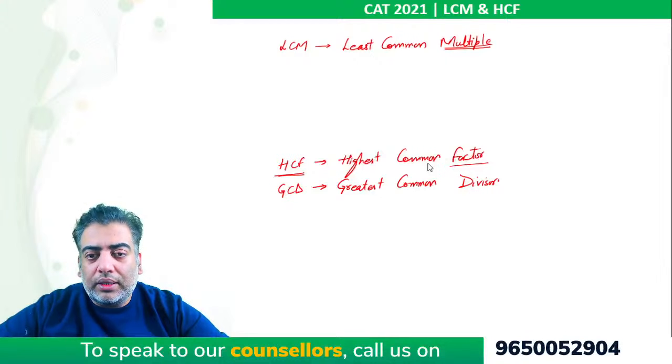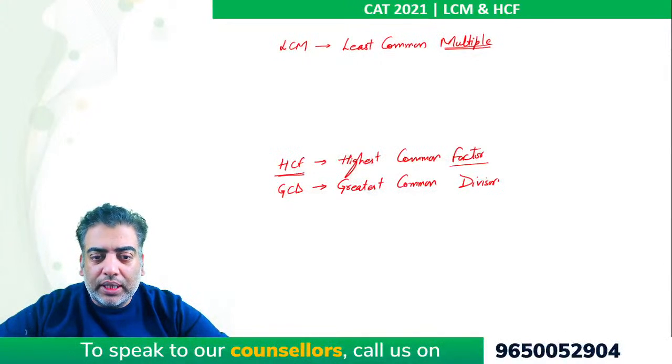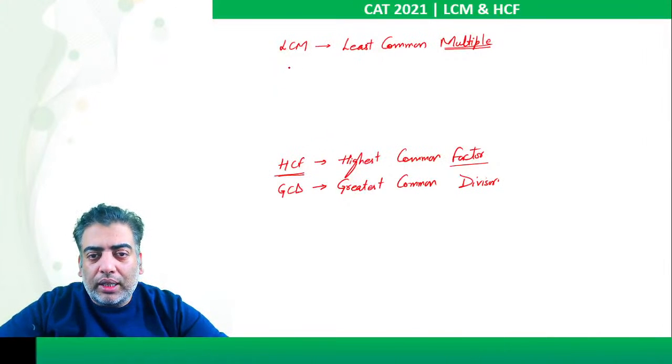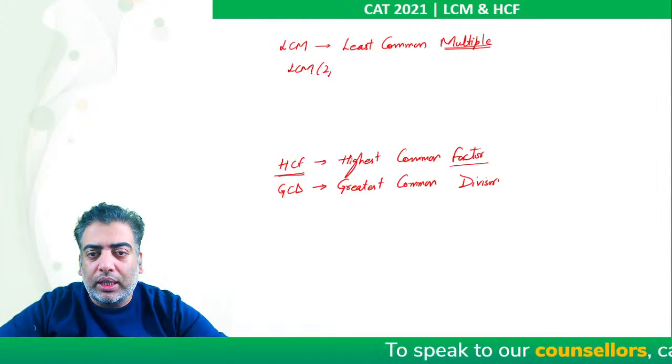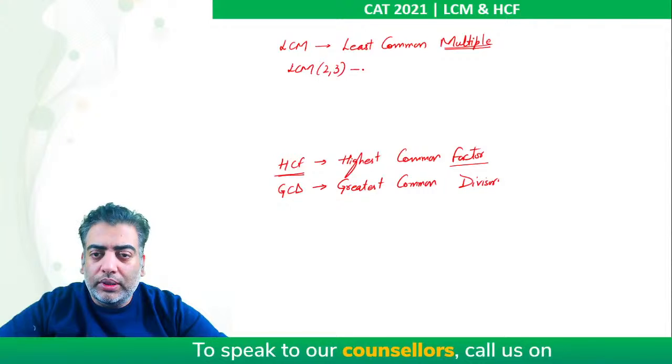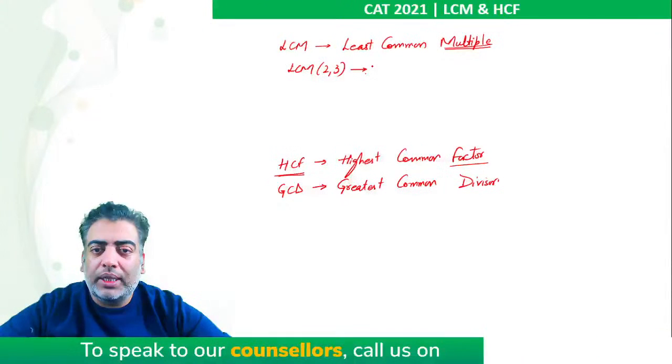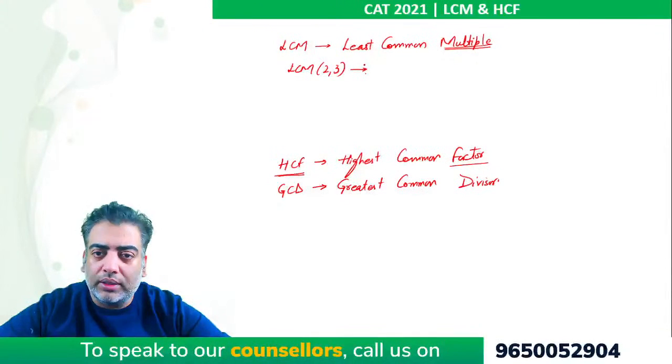So if I take a couple of examples to explain the concept of LCM and HCF. So let's take numbers like 2 and 3. If we are required to find LCM of 2 and 3, although we all know the answer, right? But let's try to figure out how we get the answer.